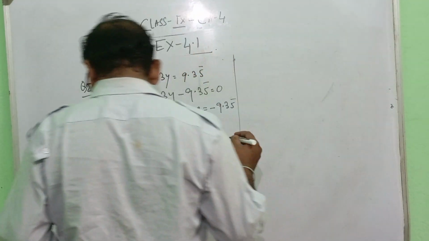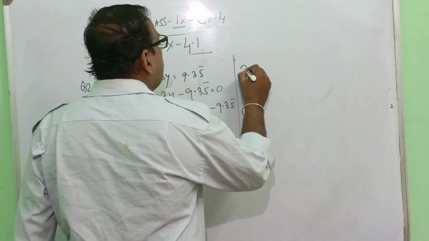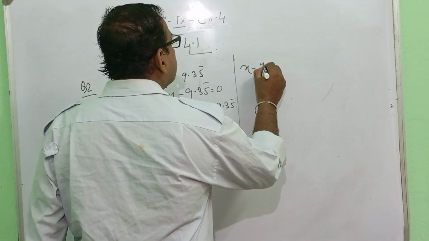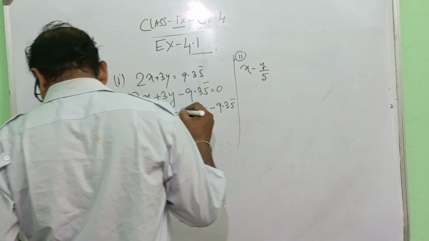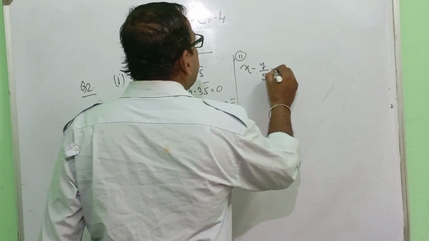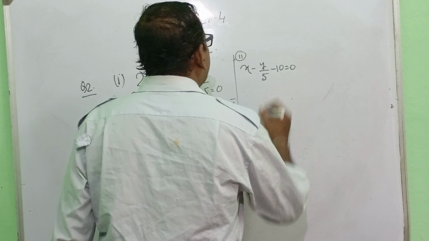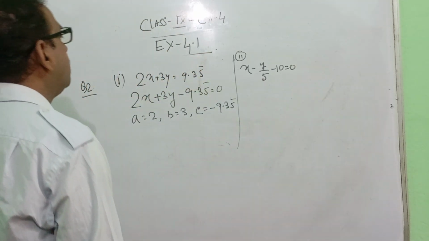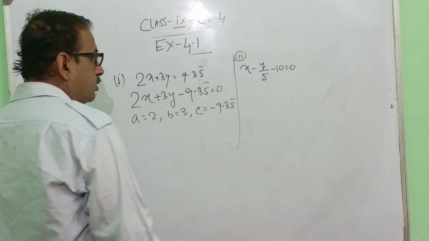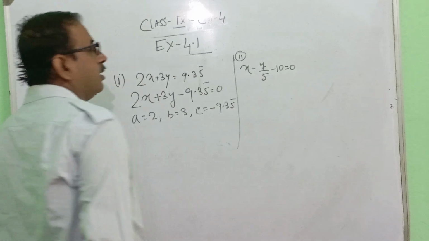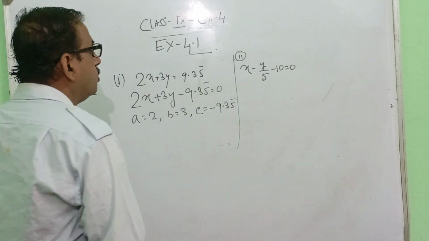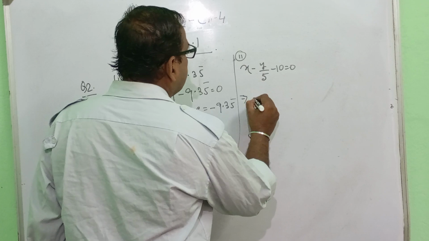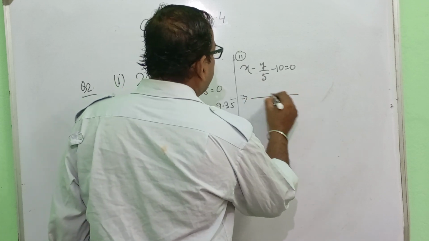Now what is written over there? x minus y by 5 minus 10 is equal to 0. So all these things are given, but we have to do that. There is no fraction in a linear equation. So what will we do first? Multiply by 5.